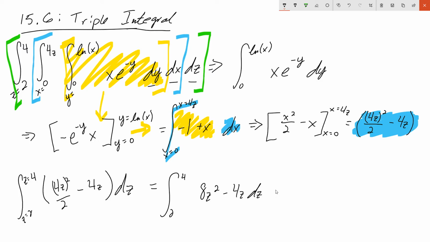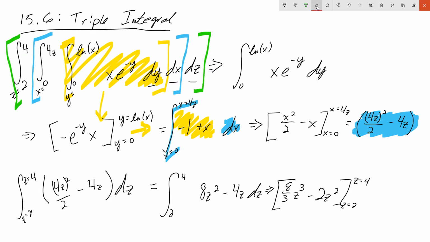And this, again, simplifies to a really simple integral. We're going to end up with 8 over 3 z cubed minus 2z squared, evaluated over those same bounds of z equals 2, z equals 4. I'll let you work out that algebra.